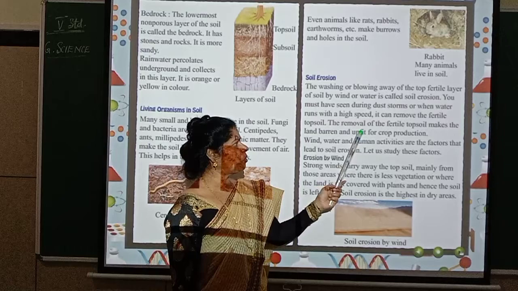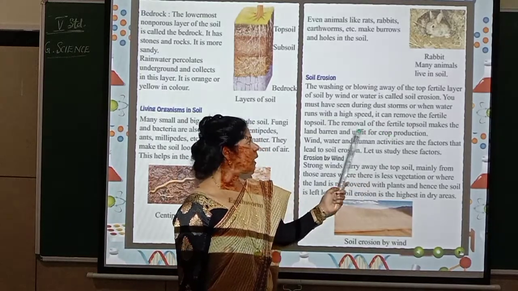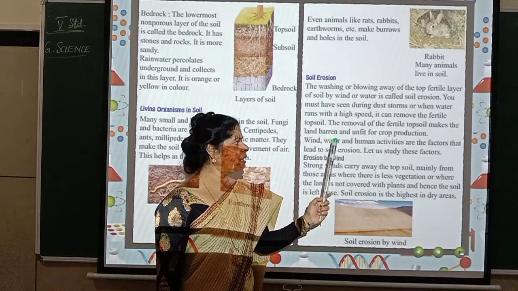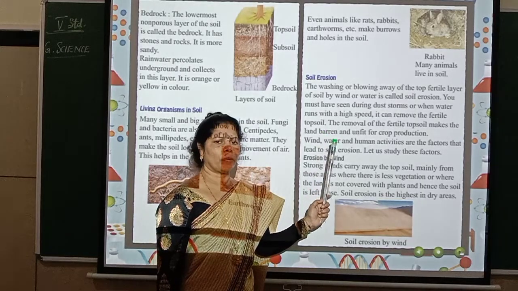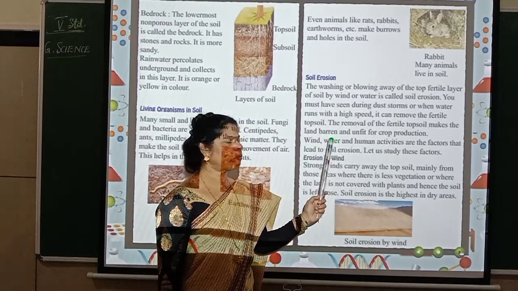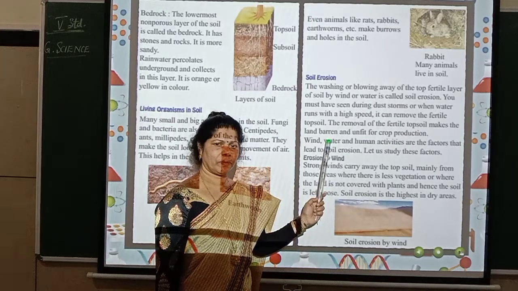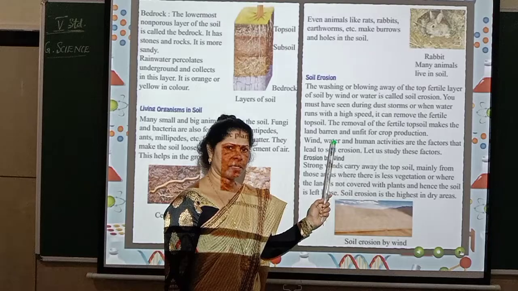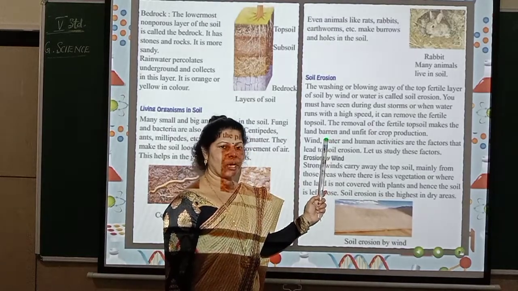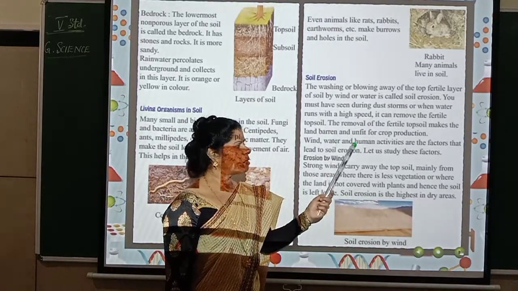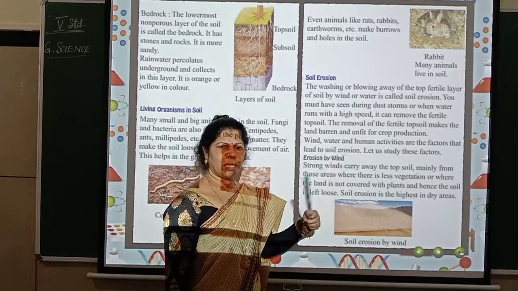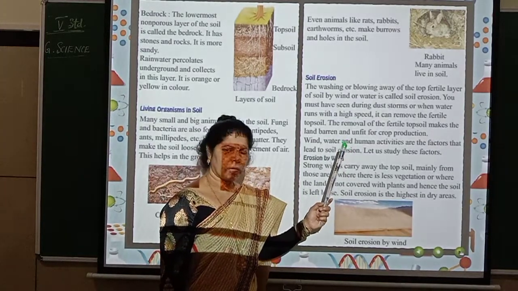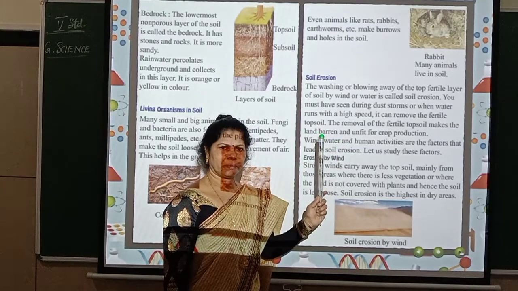So the removal of the fertile topsoil makes the land barren. Barren means it's not fertile, so you cannot grow any crops there. That type of land is called barren land, wherein you don't find any vegetation, meaning no growth of plants. Why? There is no topsoil, no fertility, no minerals, no air, water, everything. So everything is gone. Understood?